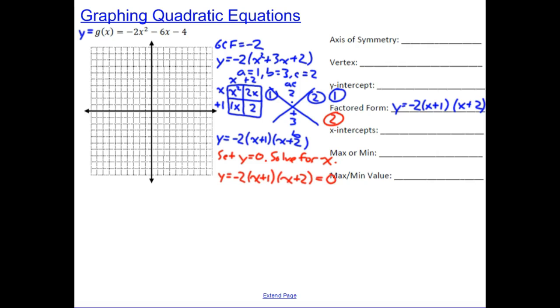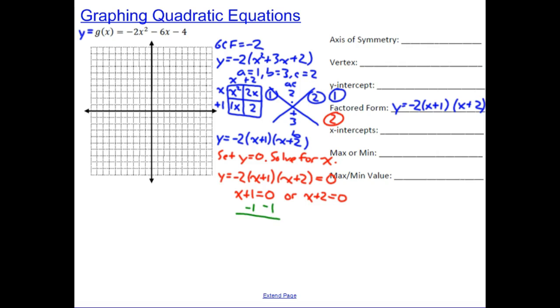Well, if this product equals 0, then one of these factors has to equal 0. Negative 2 can never equal 0, but I can have either x plus 1 equals 0 or x plus 2 equals 0. And I can solve each of these for x.